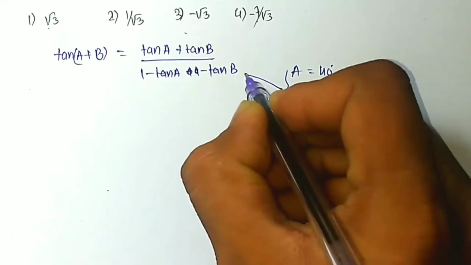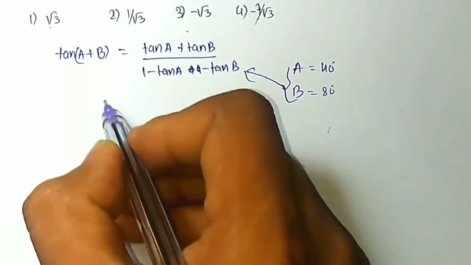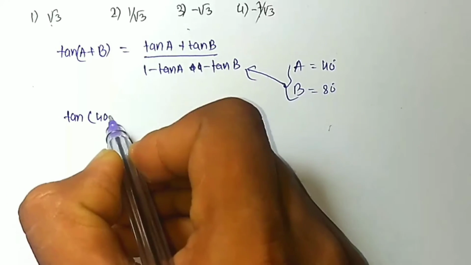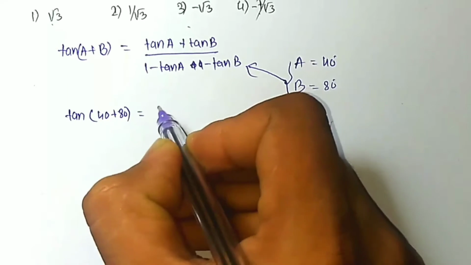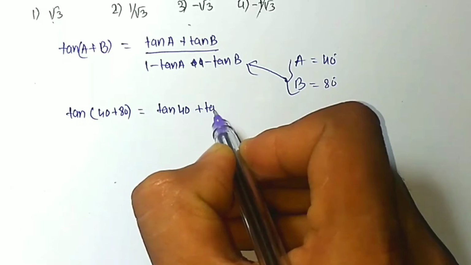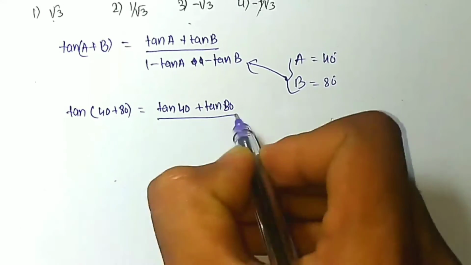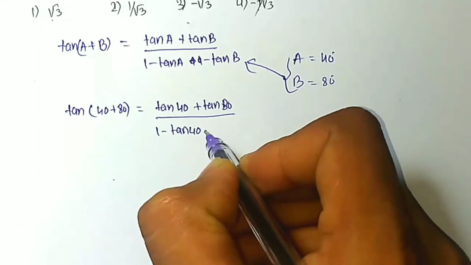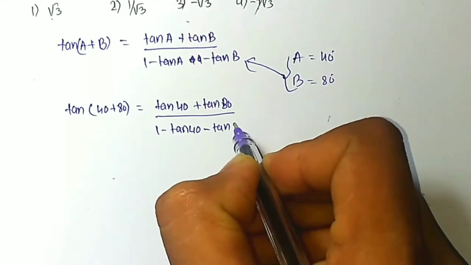Substitute both in this formula. Tan 40 plus 80 equals tan 40 plus tan 80 by 1 minus tan 40 tan 80.